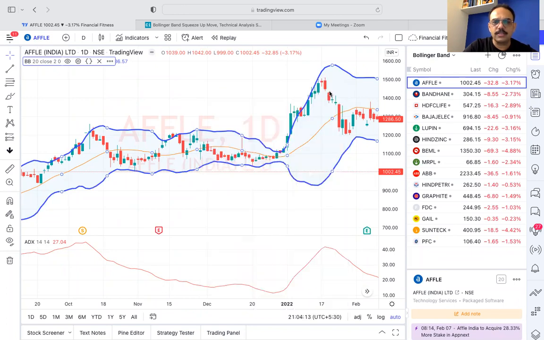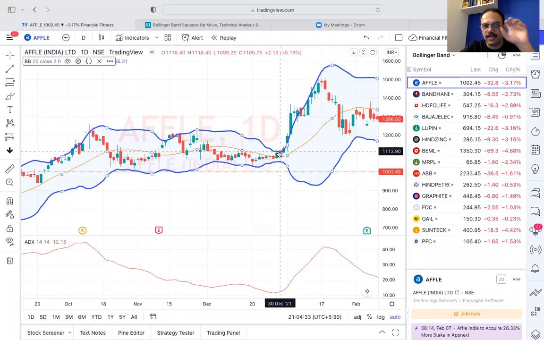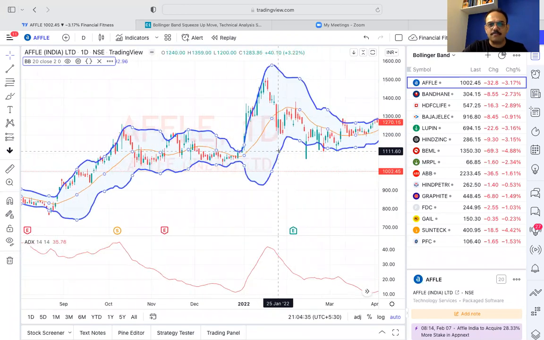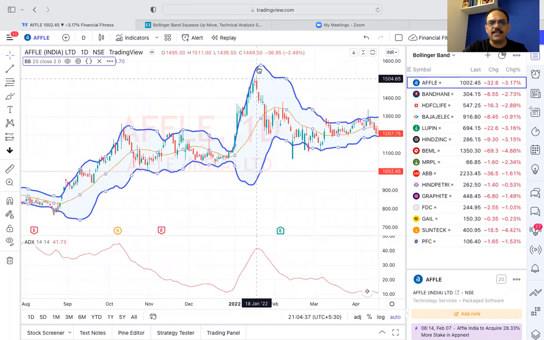So this is the upper band. The upper blue line is the upper band. The lower blue line is the lower band. Simple. What we are interested in is something like this. This is the squeeze where the Bollinger Band has become very narrow. Everyone understood? The Bollinger Band width will increase like this.